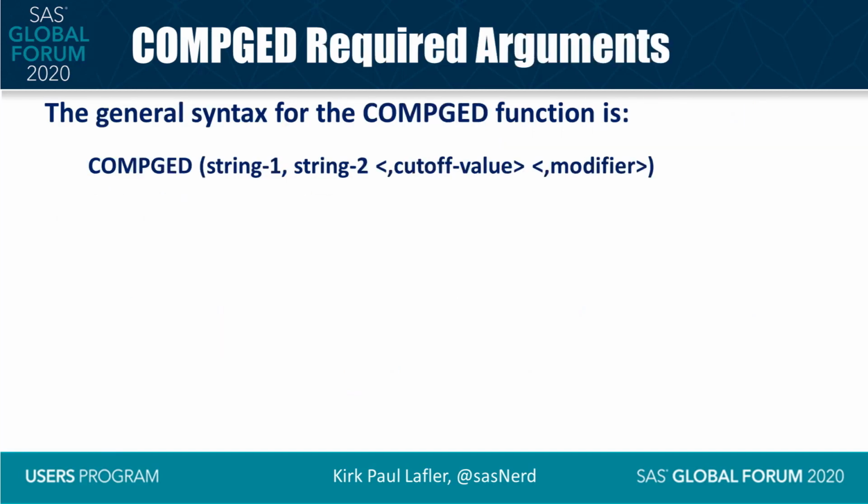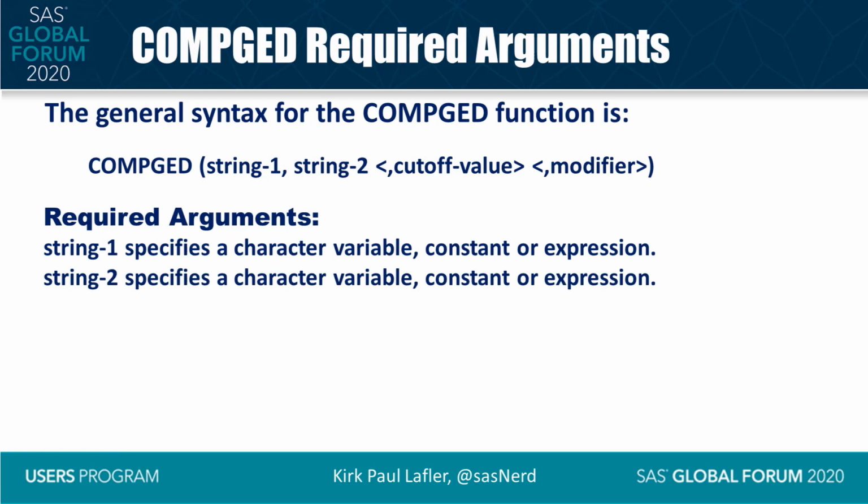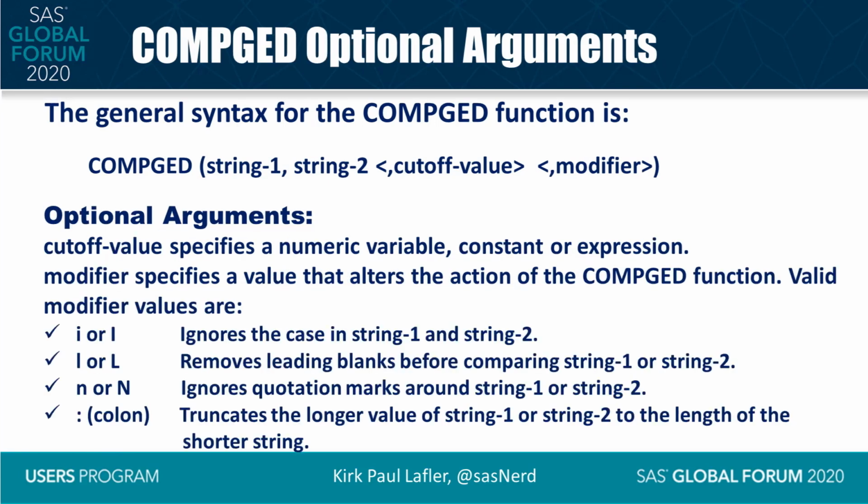The general syntax for the COMPGED function is very similar to the COMPLEV function. The two required arguments, string 1 and string 2, and then two optional arguments, cutoff value and modifier. Again, the required arguments, string 1 and string 2, specify a character variable, constant, or expression. And the optional arguments for cutoff value and modifier adhere to the same syntax and the same values as COMPLEV.